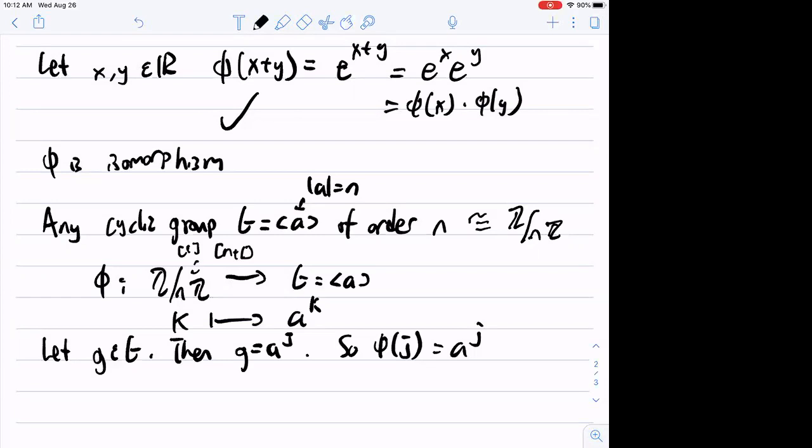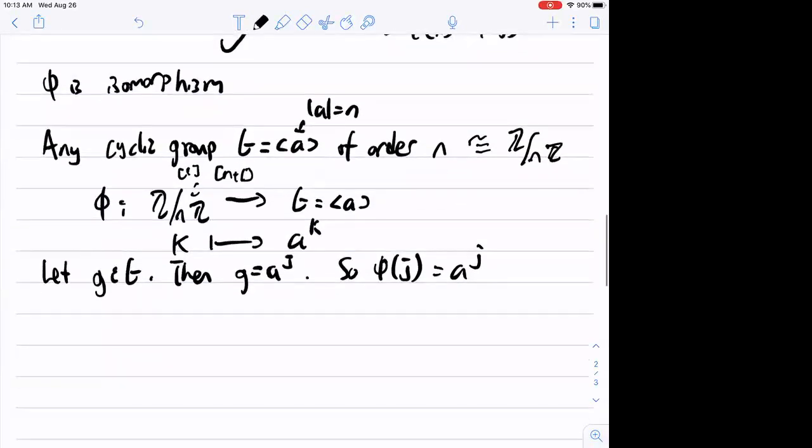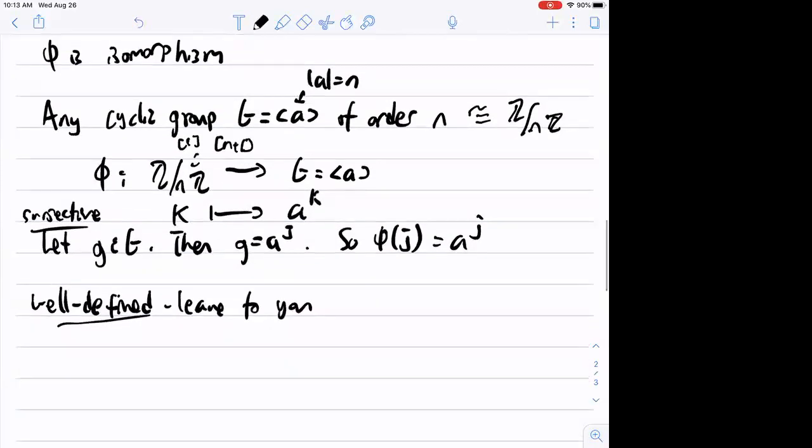For example, in Z mod 4Z, the number 1 and the number 5 are the same, because when you divide by 4, they have the same remainder. So you get to check those map to the same thing. I'll leave that for practice. So this is surjective, we proved that. Whenever you quotient off by something, you always need to check well-definedness.